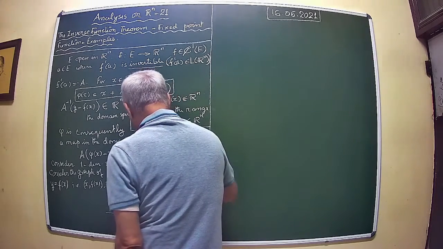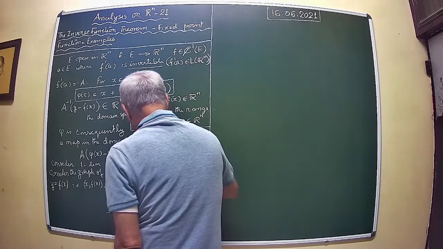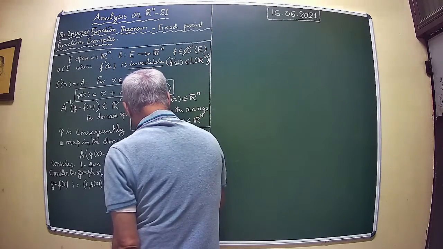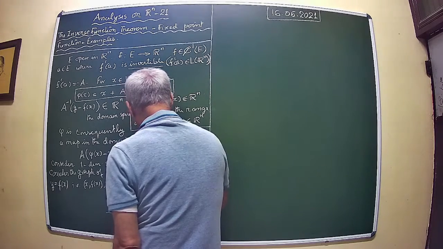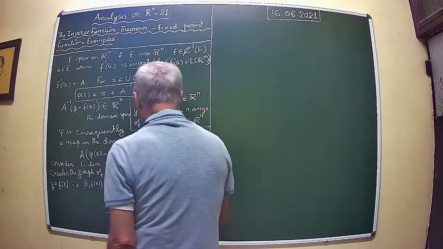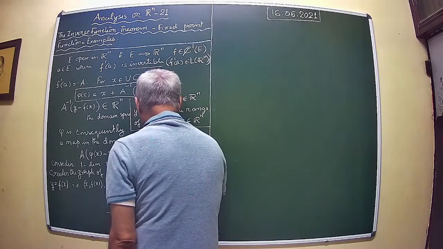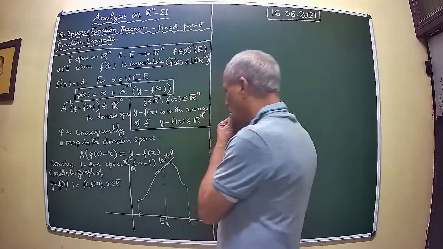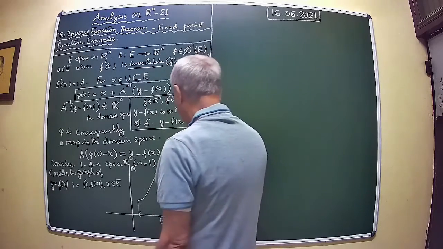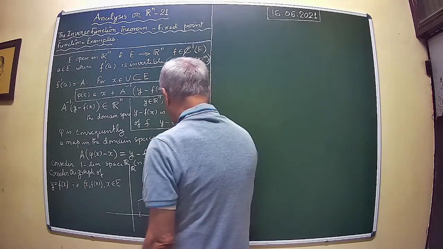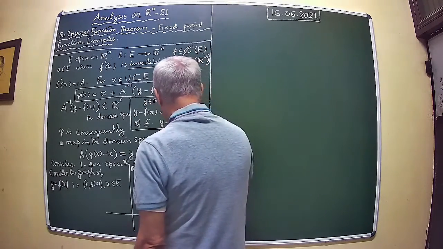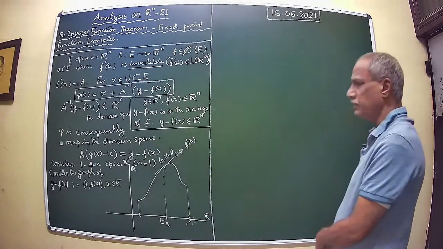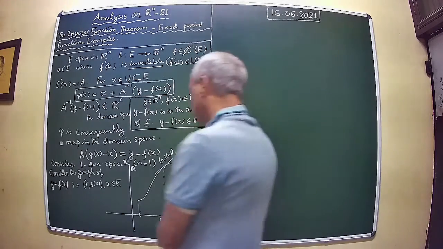And at a, f a, we have the tangent, and this is the slope. F derivative is a number in this case.